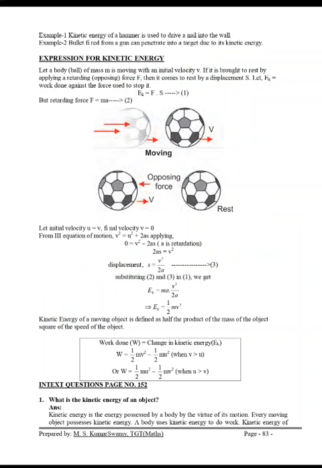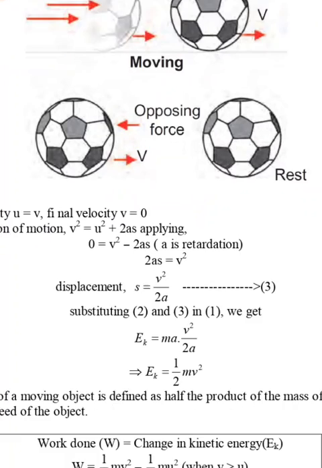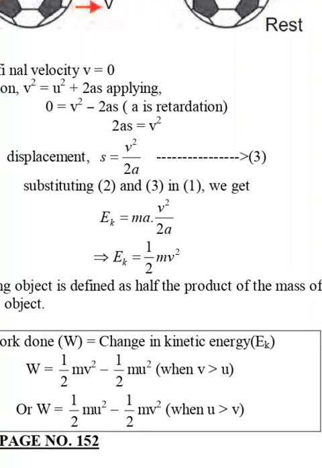So from which equation? From third equation of motion, v square is equal to u square plus 2as. Final is 0 is equal to v square plus 2as. So 2as is equal to v square, or s is equal to v square by 2a. This we will get. See here, s is equal to v square by 2a.